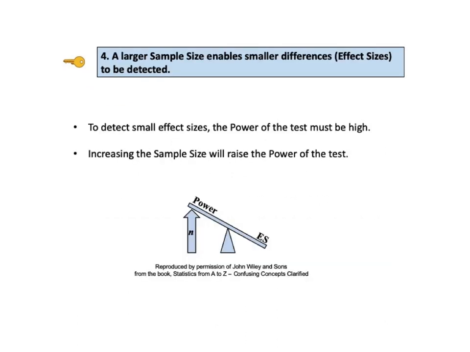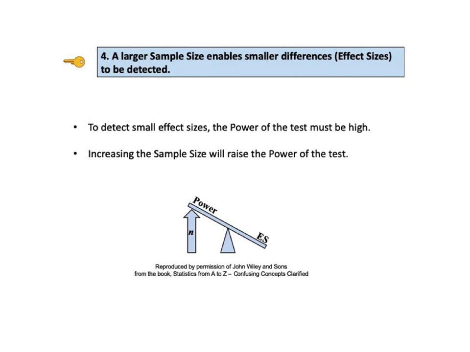KTU number 4 says, a larger sample size enables smaller differences to be detected. In manufacturing quality studies, for example, the specification limits which define the acceptable range of measured values can be quite narrow, so it is important to be able to detect small differences. That is, the effect size of the test is small.